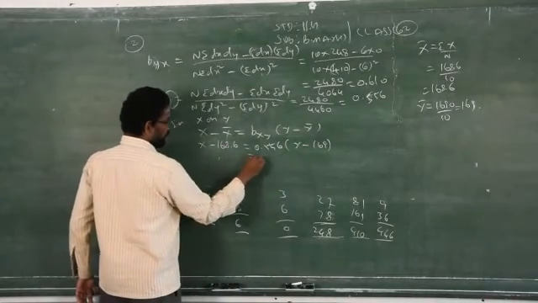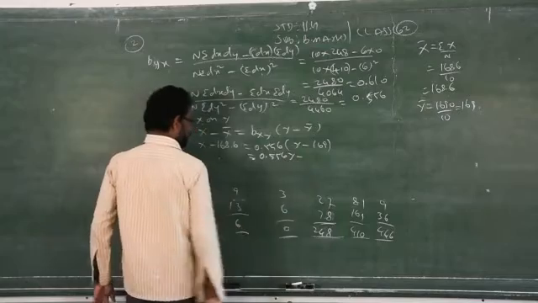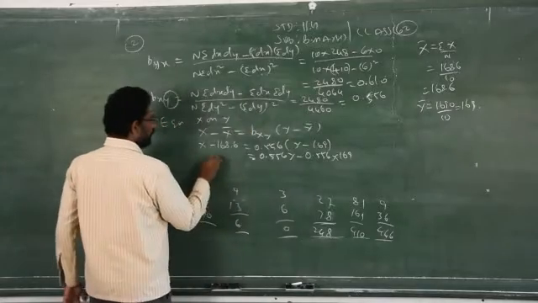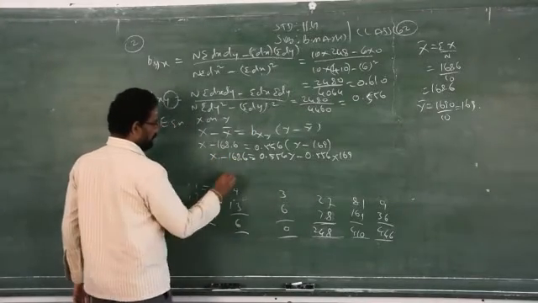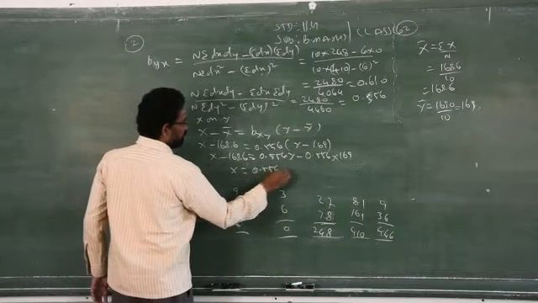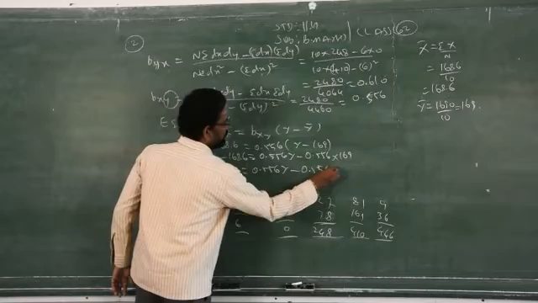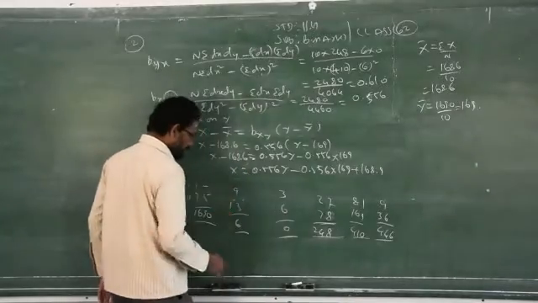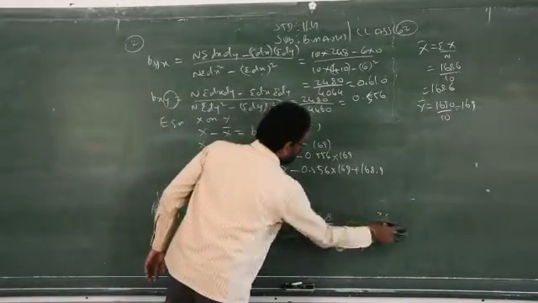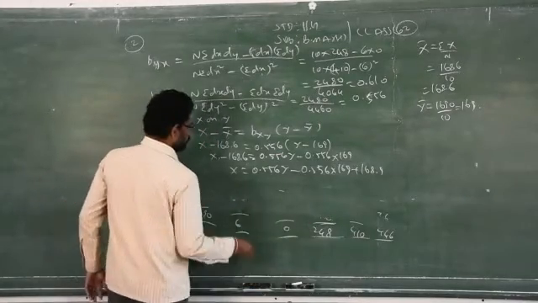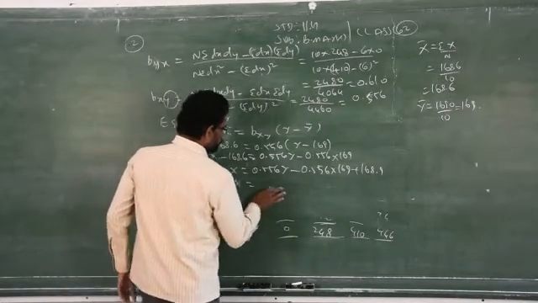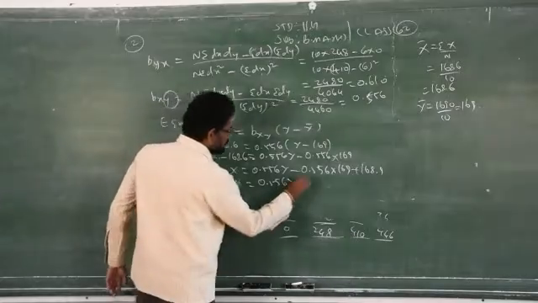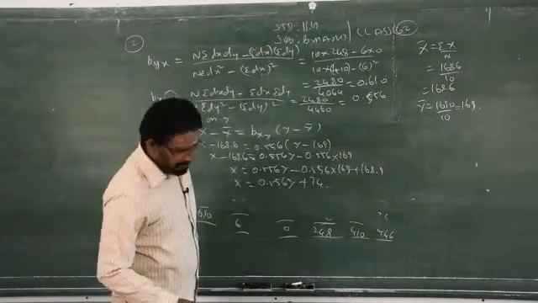Just you have to multiply 0.556 y minus 0.556 into 169, x minus 168.6, then x is equal to 0.556y minus, you have to multiply these two, plus 168.6. Simplify, you will get plus 74.636.